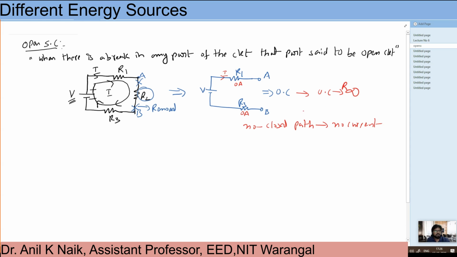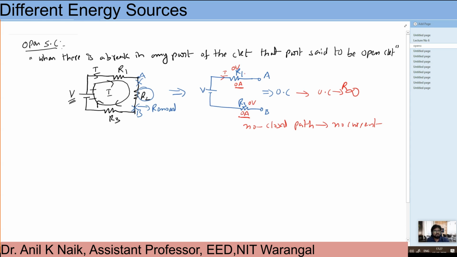For the R infinite, open circuit condition, no current flows because there is no closed path. So the current flowing in R1 in this condition is 0 amperes, and similarly in R3 also 0 amperes. As this is 0 amperes, the voltage drop is also 0 volts, here also 0 volts.